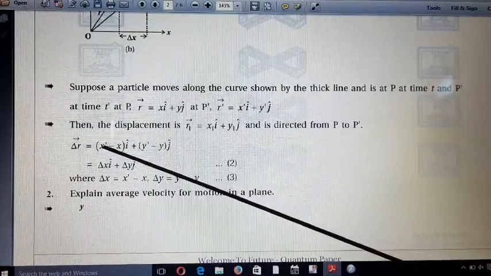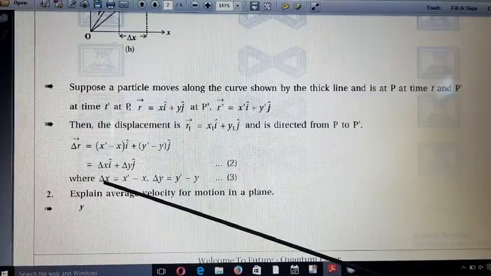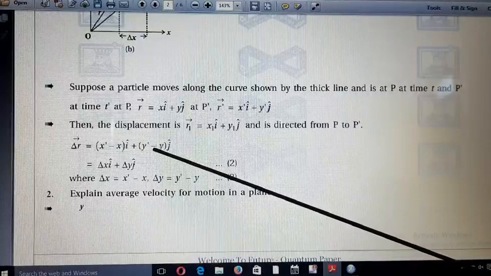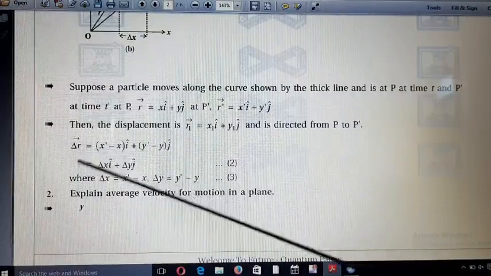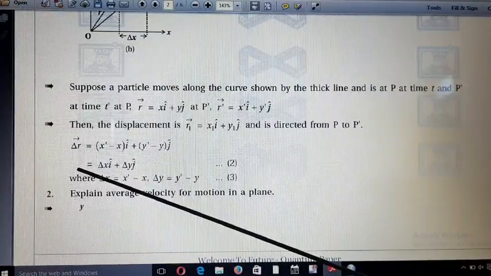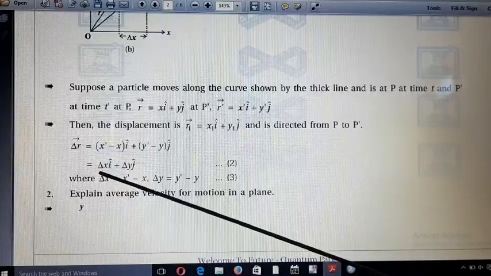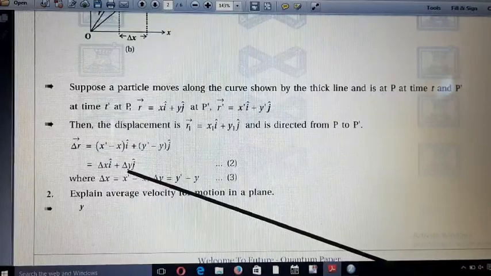Here x dash minus x is delta x, and y dash minus y is delta y. So we get the displacement between the 2 points, delta r equal to delta x i caret plus delta y j caret.